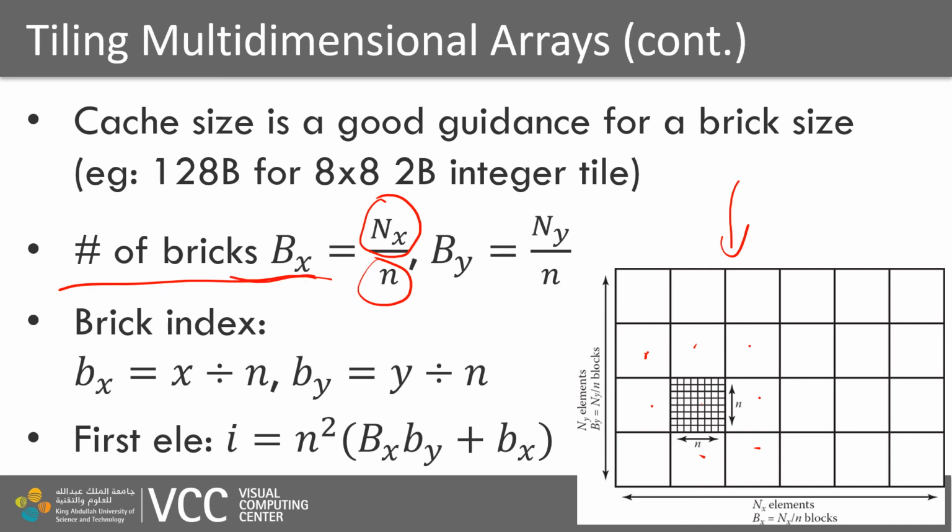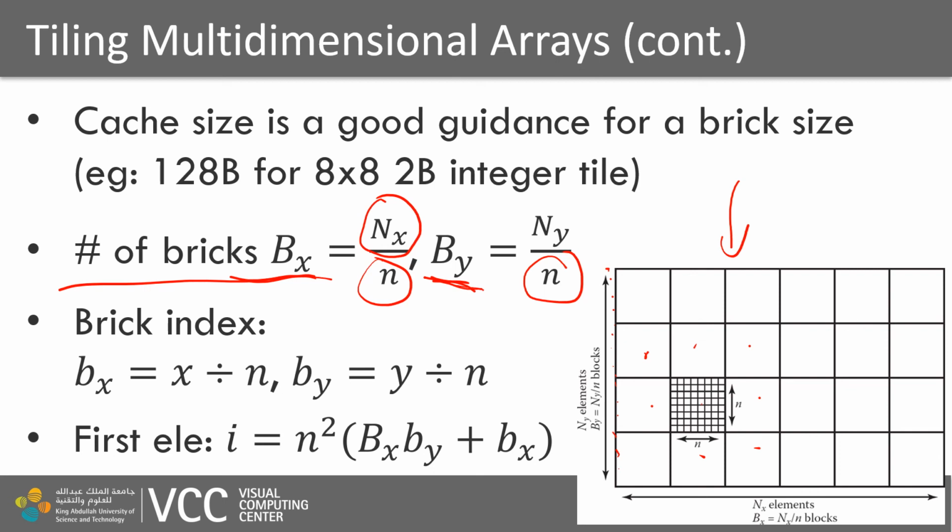The same holds for the y dimension, where we take the number of rows, if you like, in y, and divide it by the size of a brick, and then we get the number of bricks in the y dimension.